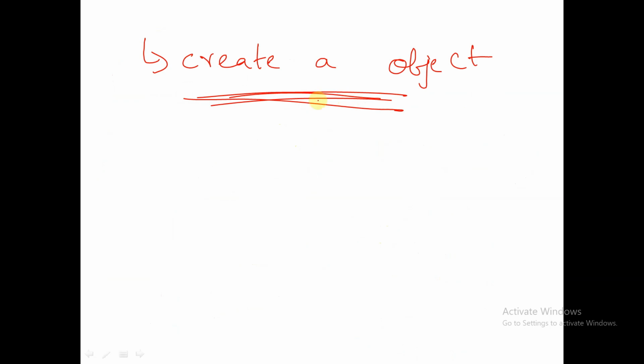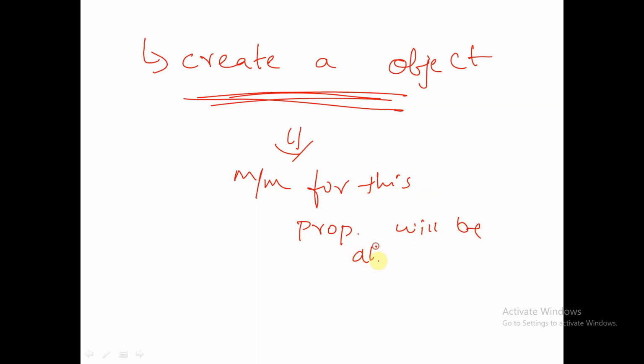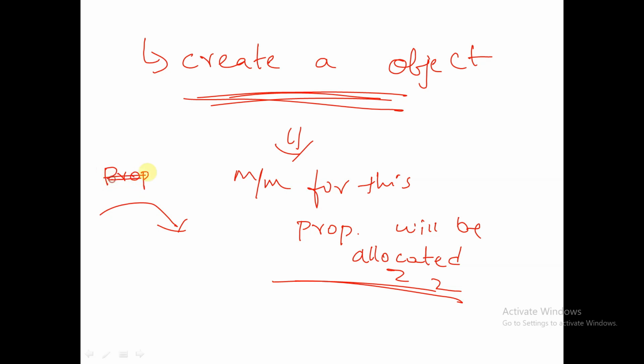So when we create an object, then only memory for these properties will be allocated, and we can store some values into these properties.